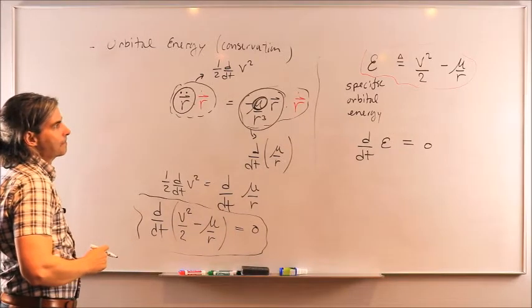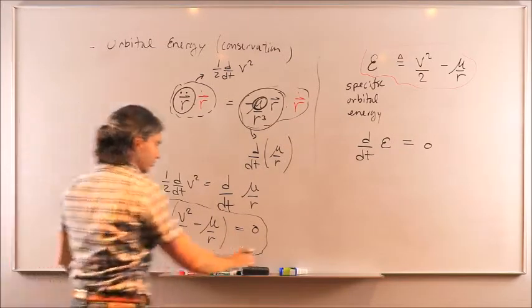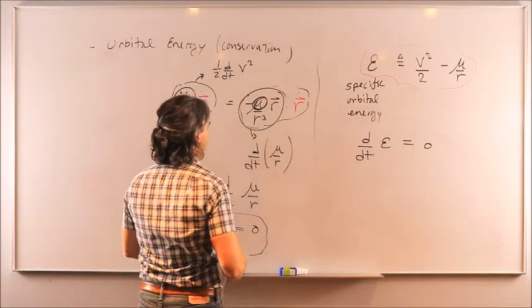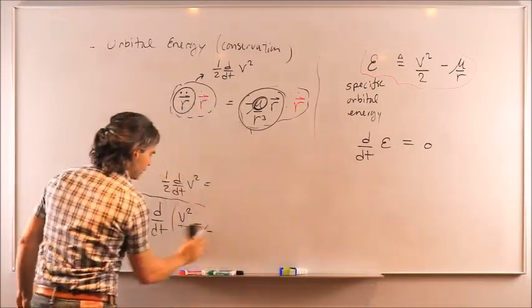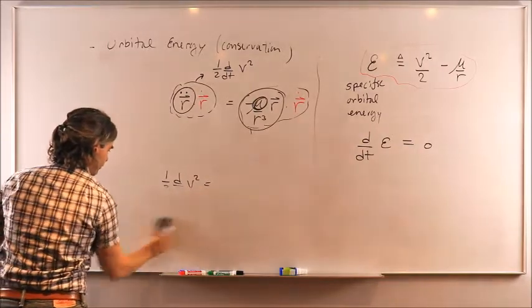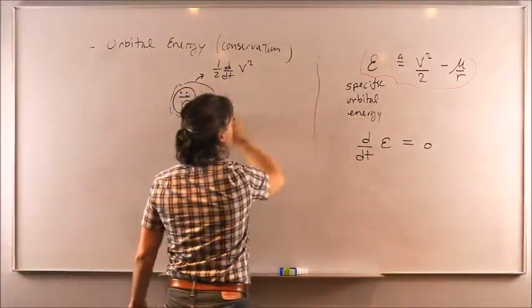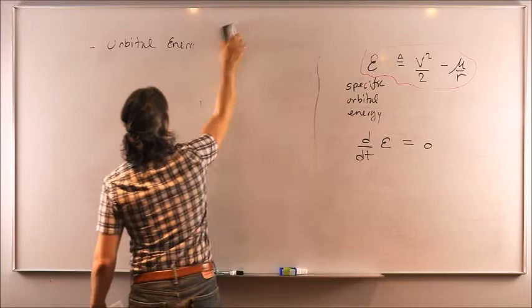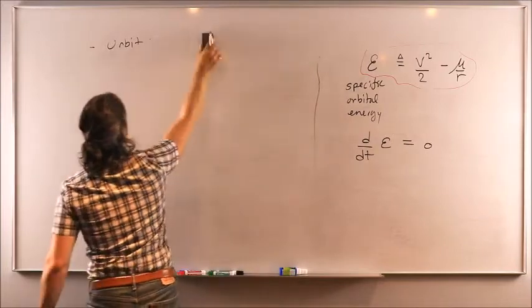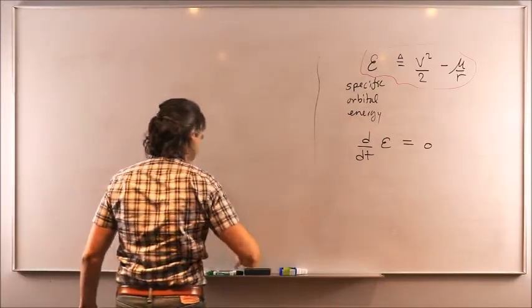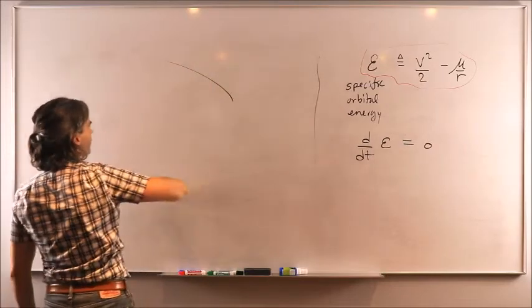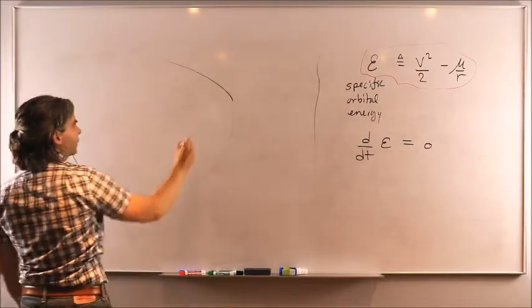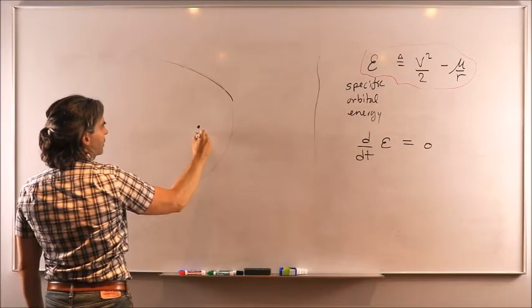All right? So what is the implication, the practical implication of that? Well, that's a big one. Because if the orbital energy is to be conserved, it has to hold at any point along an orbit. Okay? So this is an orbit seen in a plane, and this is M1.